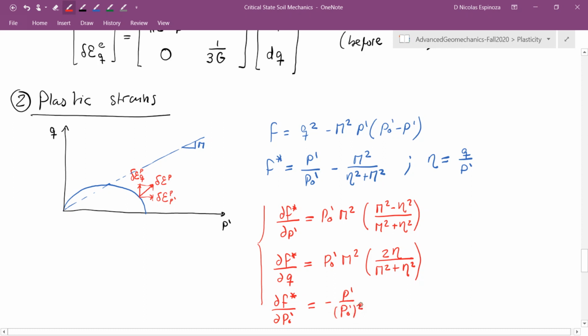Before I forget, let me tell you something about the pre-consolidation stress. The pre-consolidation stress, which is this parameter over here, is usually known in practice and in geology as the highest stress that the rock has seen in its history. Sometimes you can have a rock at a given location at a given depth that had a lot more effective stress in the past, and that stress was taken out by a geological process.